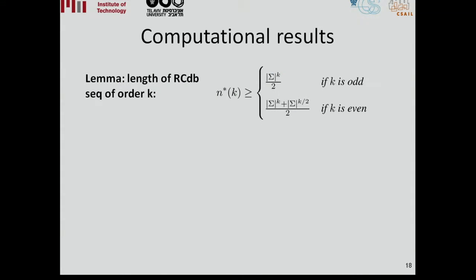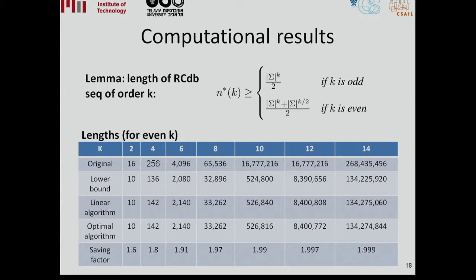We can also show a simple lower bound for the length of the sequence for order k. This is the optimal case where k is odd. When k is even, we have a lower bound that depends on the number of palindromes.